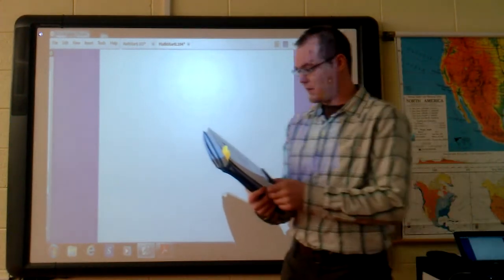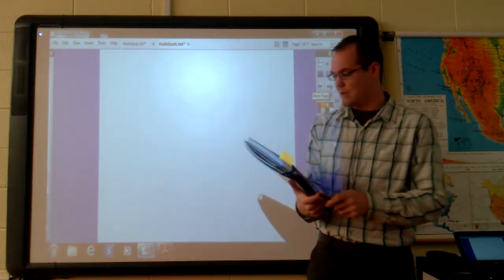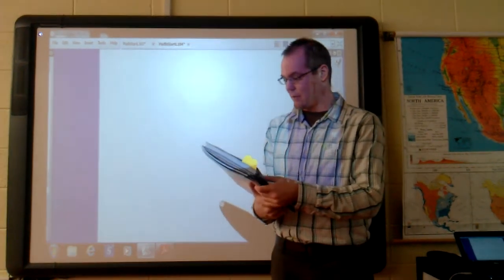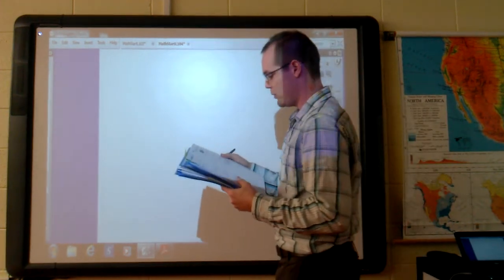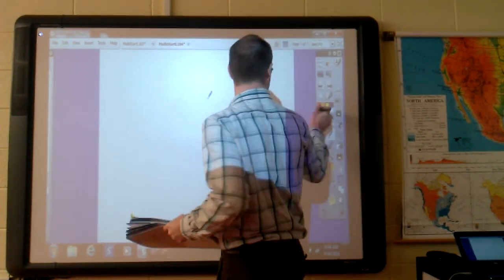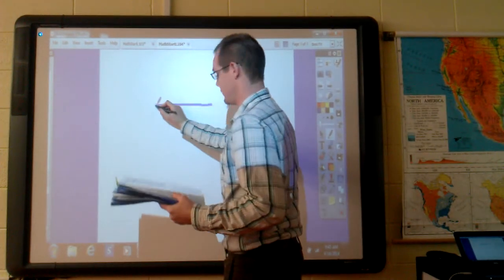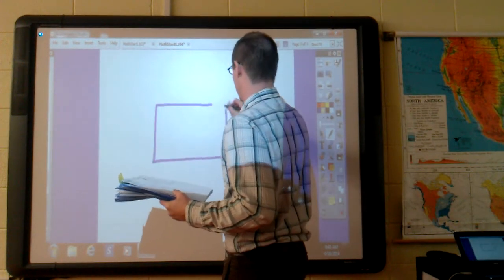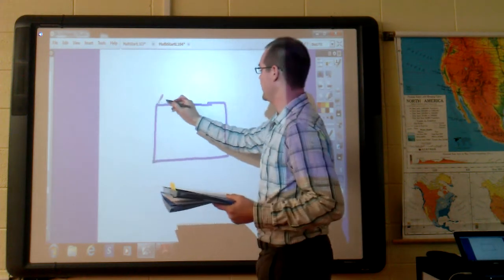Example number 5. It says the interior dimensions of a personal storage space are shown in this diagram. What is the approximate volume of the storage space in cubic meters? Okay, first I'm going to draw our shape. Okay, it looks like it's a rectangular solid.